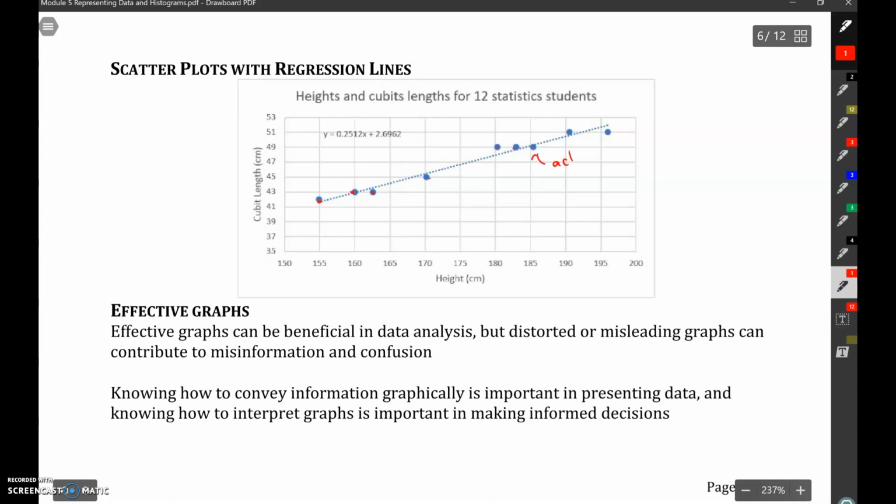So we see our actual data shown. And then we see that approximation that allows us to then make inferences about where we haven't collected data from before.